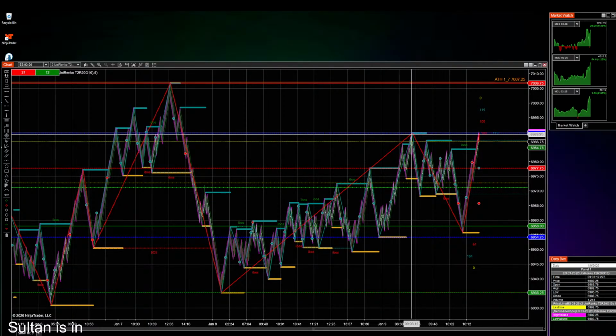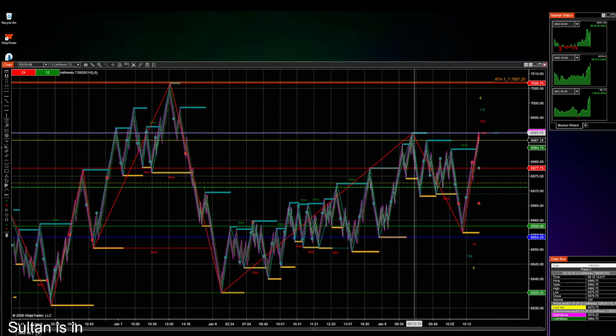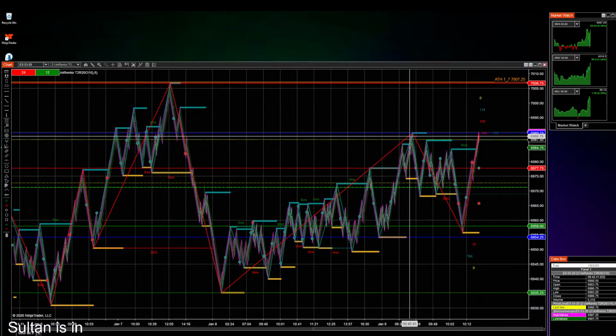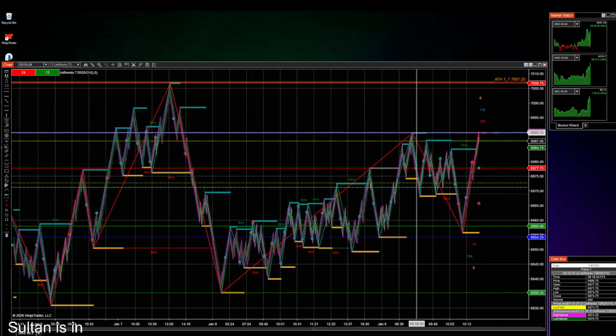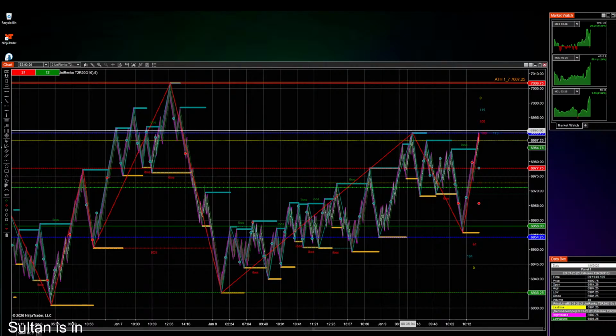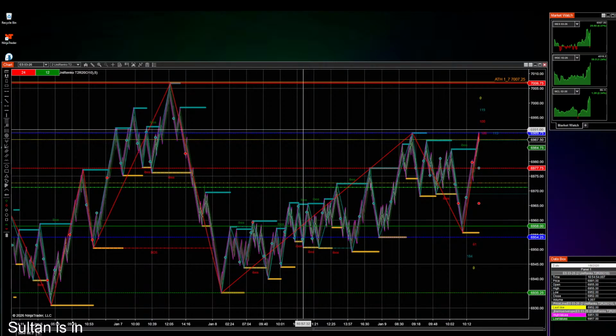But this would be a change in structure for the major as well. We're sitting right here at the overnight and would change all of the trends to the up.